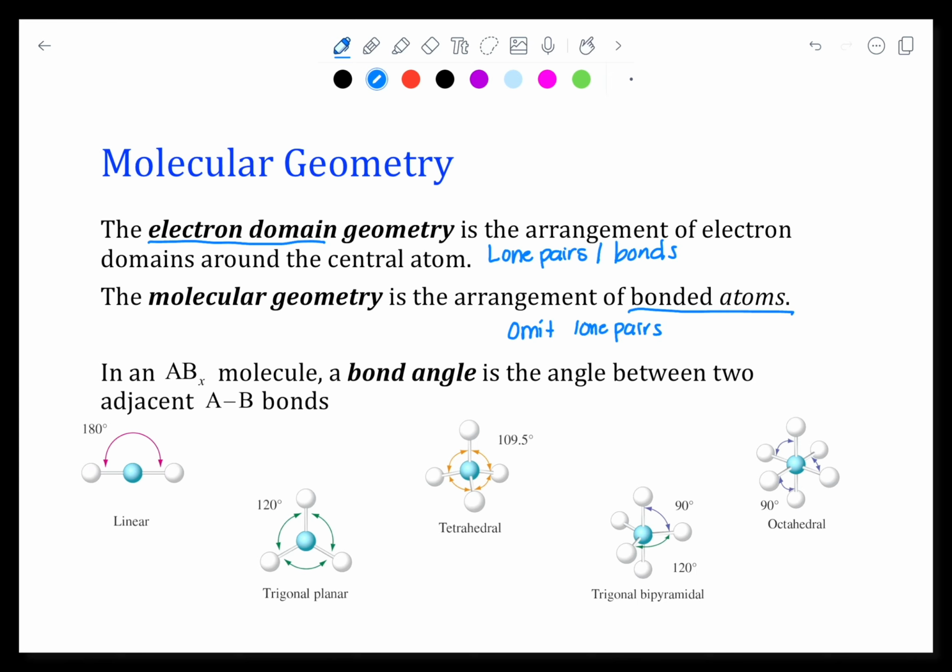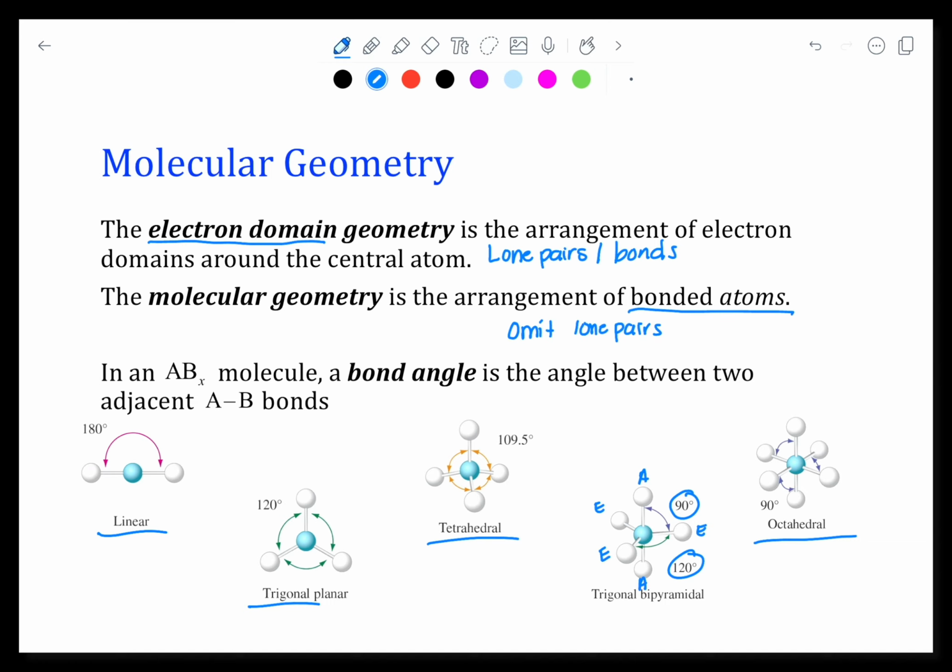So in an ABX molecule, the bond angle is the angle between 2 adjacent AB bonds. Okay, so we talked about that. Linear has 180. Trigonal planar has 120. Tetrahedral has 109.5. Trigonal bipyramidal is the one where we have axial and equatorial atoms, so they have 2 different angles of 90 and 120. And octahedral has 90 degrees amongst all of our adjacent atoms.